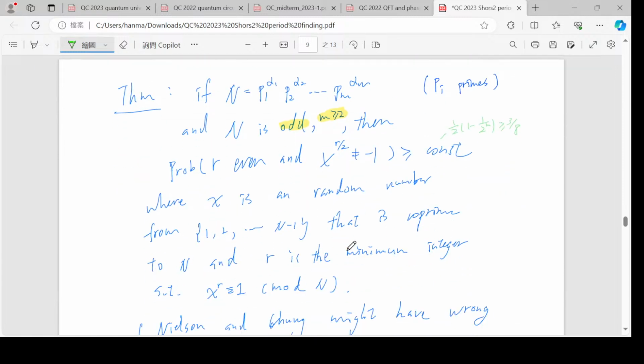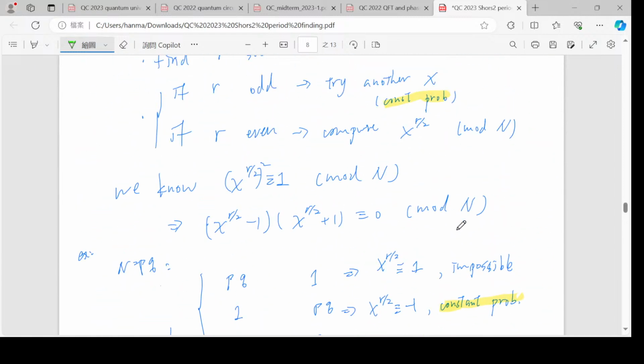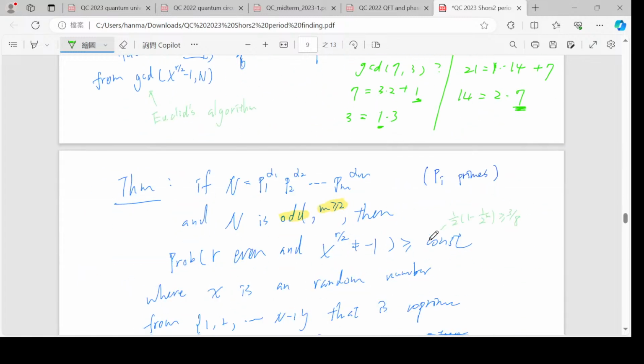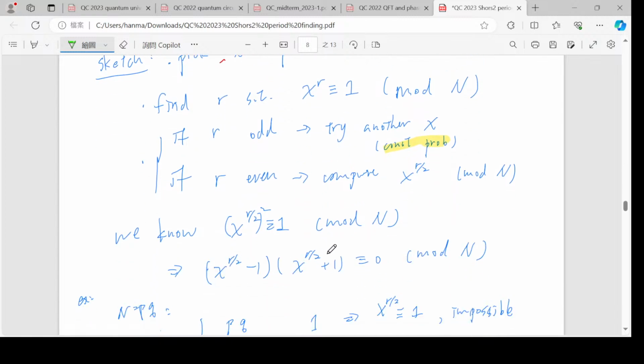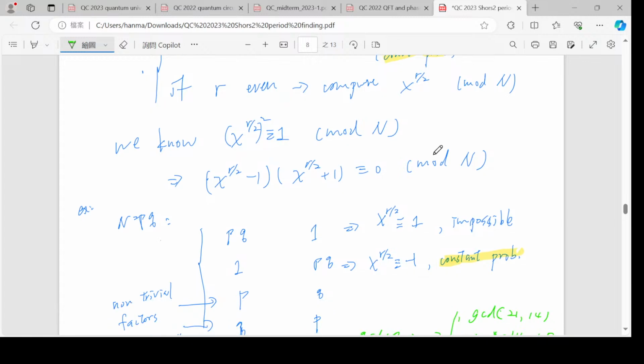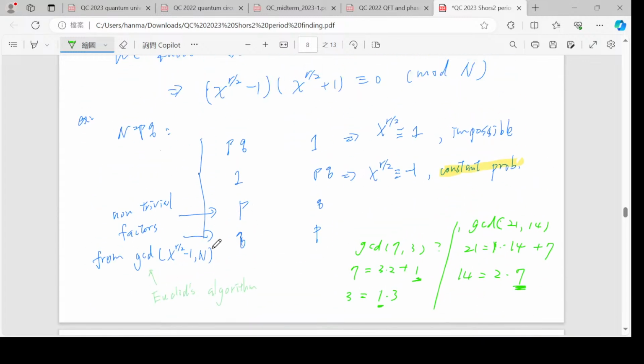Basically that says the probability will be constant. So the good part is greater or equal to a constant: the probability that R is even, and also that the GCD between x^(r/2) minus 1 and N is non-trivial.